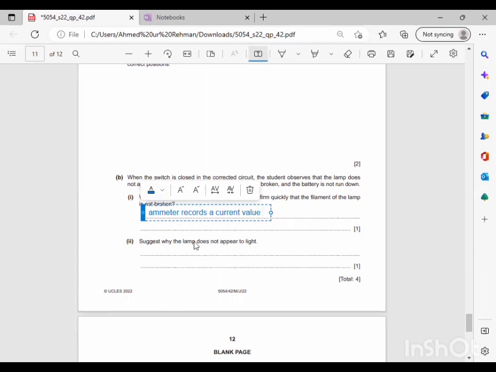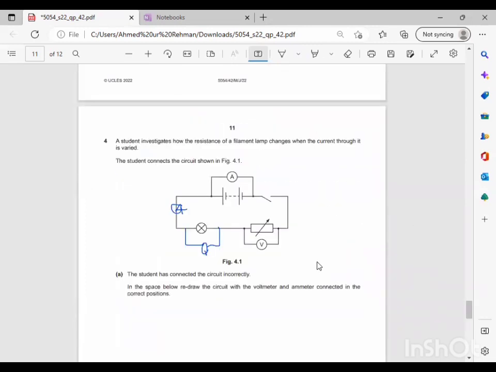Then we have: suggest why the lamp does not appear to light. Okay, so when will the lamp not light? What do we have in the circuit? We have a rheostat, right? And what does the bulb require to light up? It requires current, and when is current low? Current is low when resistance is high, right?